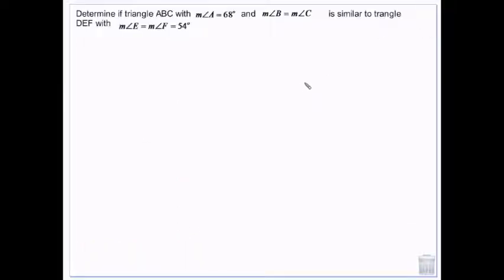So, all right, we've got these triangles. We want to see if this triangle ABC is similar to triangle DEF. Okay, so we want to determine if these two triangles are similar. So the best way to do it is to draw two triangles and label them.